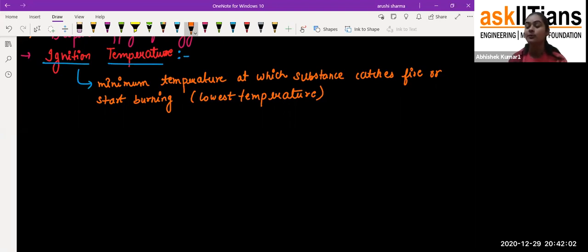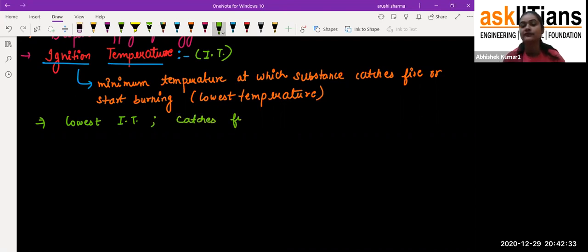So you can see what the ignition temperature is: the temperature at which a substance catches fire or starts burning. That means it is the lowest temperature for that particular substance. Okay, so the important thing is, the lower the ignition temperature, the more easily it catches fire.